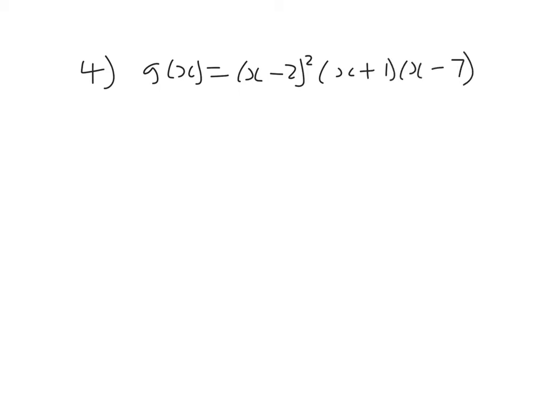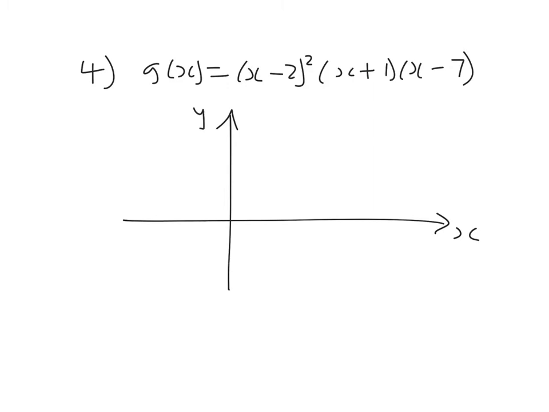For question 4, we've got g of x is x minus 2 squared, x plus 1, x minus 7. So let's sketch the curve x and y. It crosses the y-axis when x is minus 1 and when it's 7, and we know that at 2 it touches, because it's x minus 2 squared, it's a squared there, it doesn't go through there, it touches at that point.